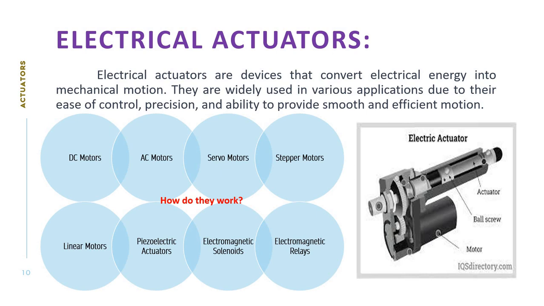And the next one is electromagnetic relays, electrical actuators that control electrical circuits by opening or closing in response to an electrical signal. So this is how electrical actuators work. The main job of electrical actuators is to take an electrical signal as input and make things move or perform a specific task.